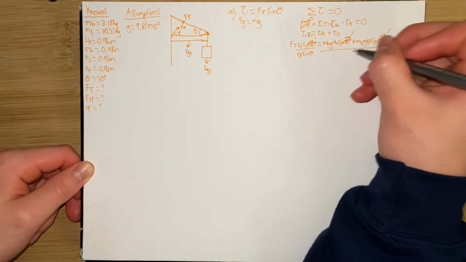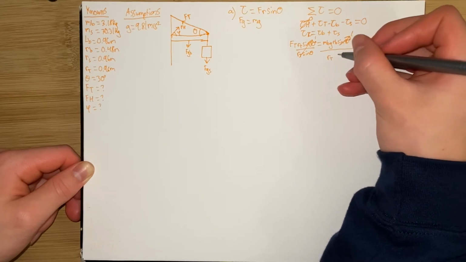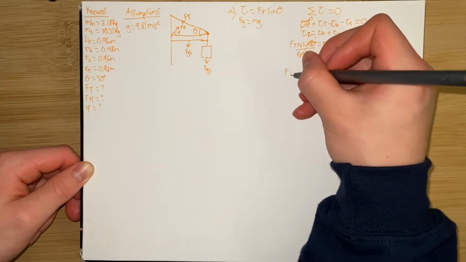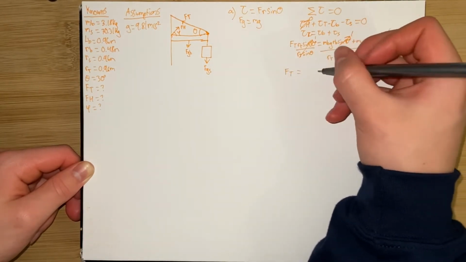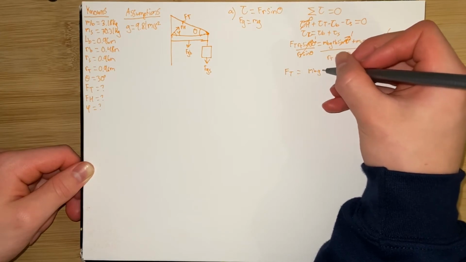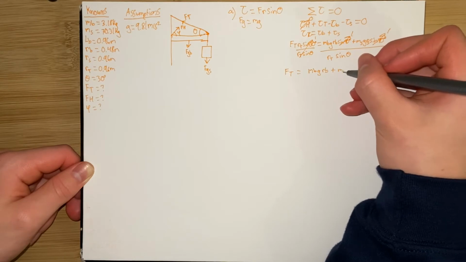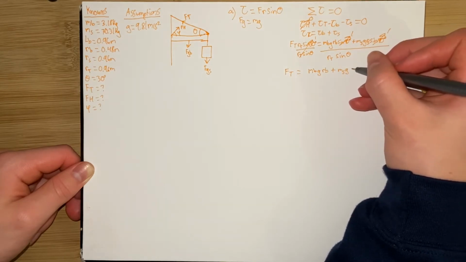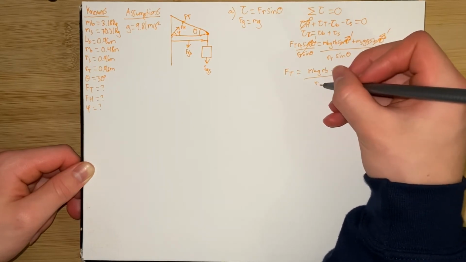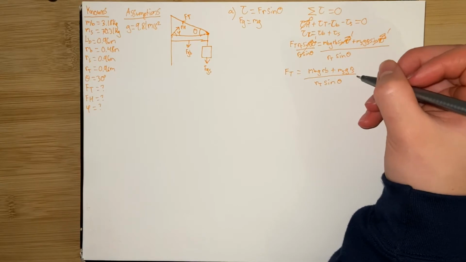And then divide this on the other side, R T sine of theta. So we have our finished expression here for the tension force, which is M_B g R_B plus M_S g R_S, and that is over R_T sine of theta.